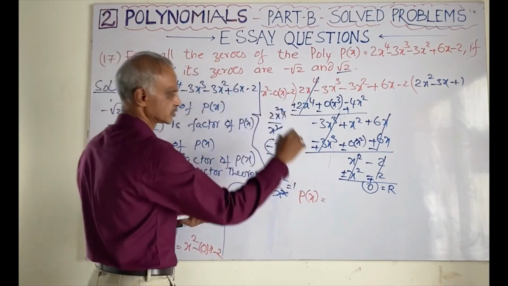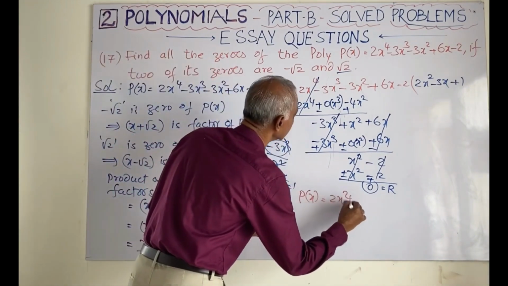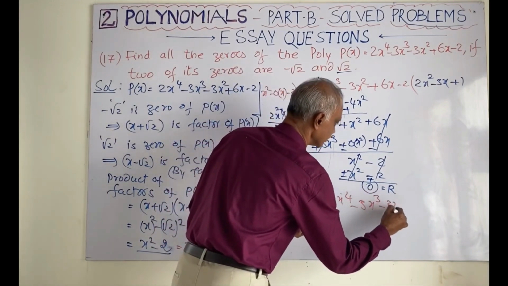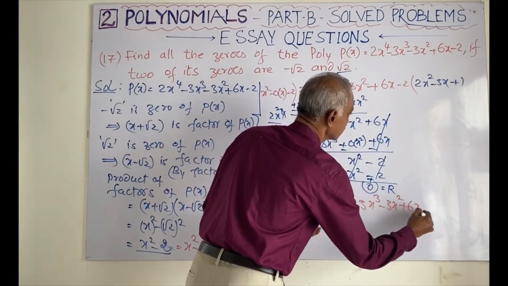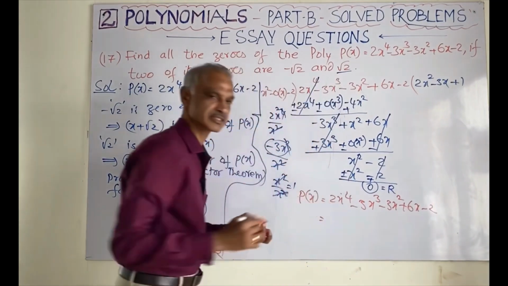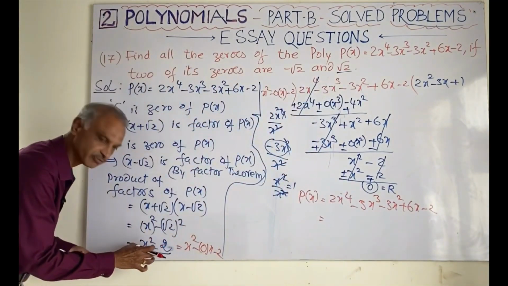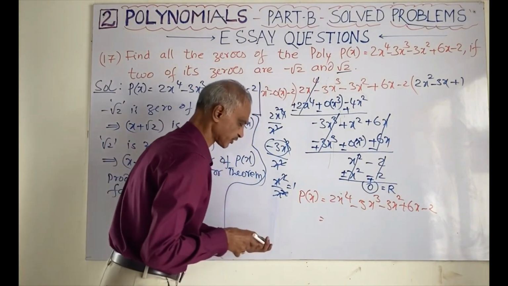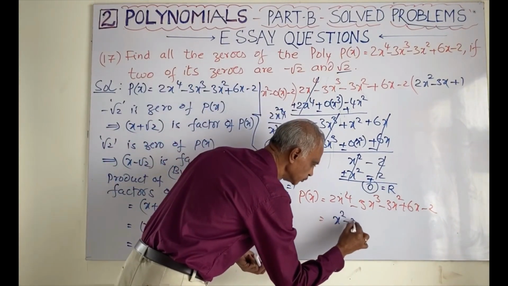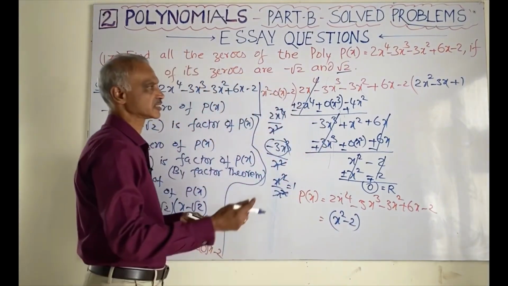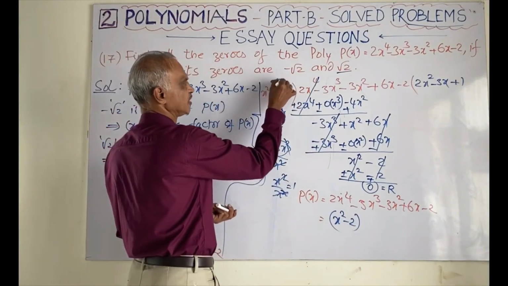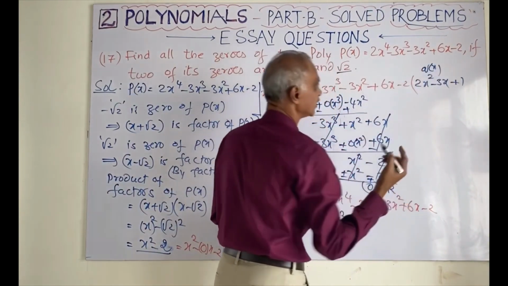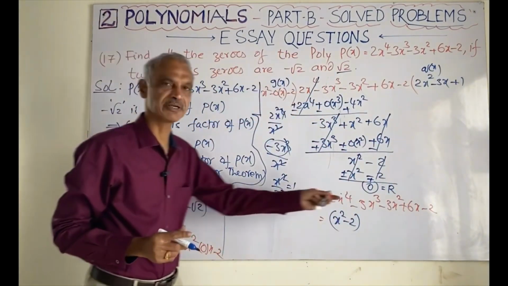Now you write p of x is equal to 2x to the power of 4 minus 3x cube minus 3x square plus 6x minus 2. It can be written as, already we have the product of the factors, x square minus 2. This is g of x, this is q of x, and this is the remainder. See, you got remainder 0.